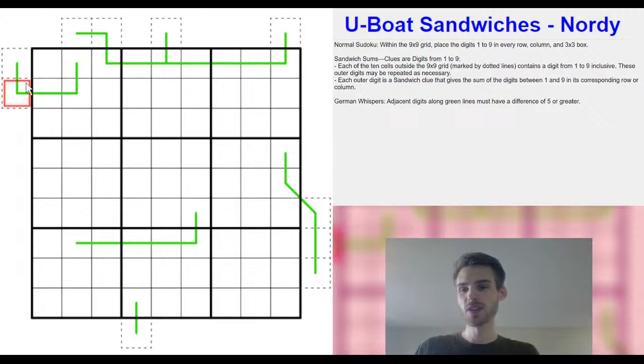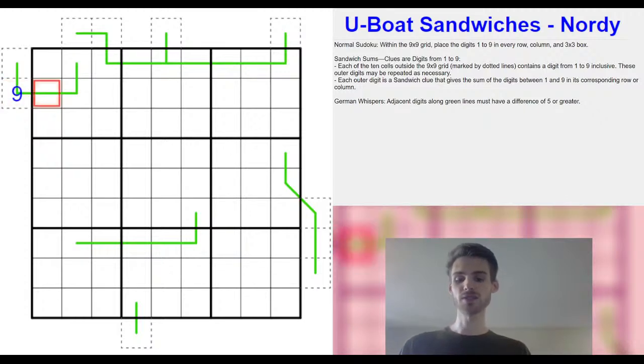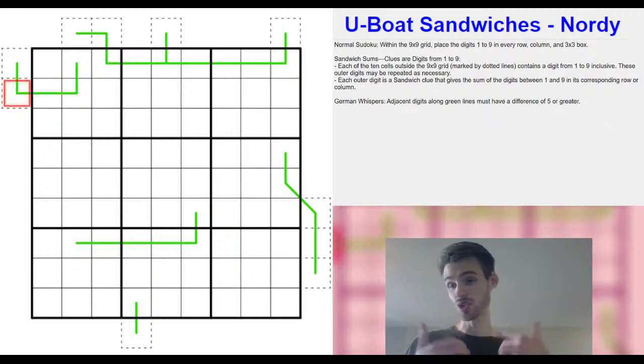But when the German whisper line goes out of the grid, I think these numbers can be different. So it says sandwich sums clue digits are from 1 to 9. So we still have the fact that this can be a maximum of 9, so this can only be 4. Okay, so that makes it a little bit easier to understand the outside clues.